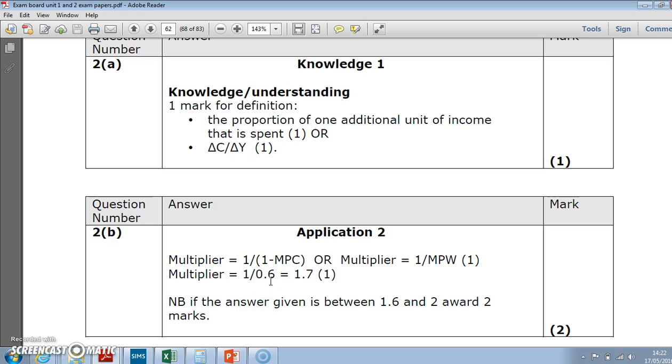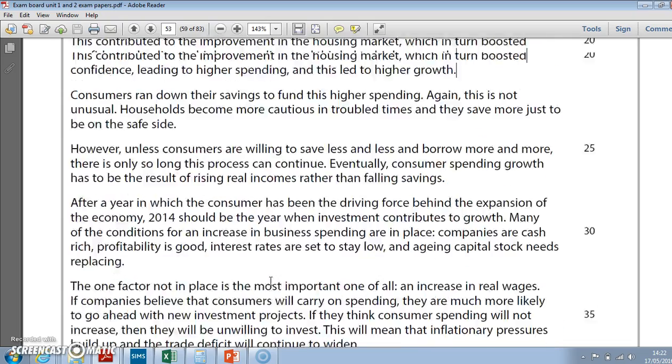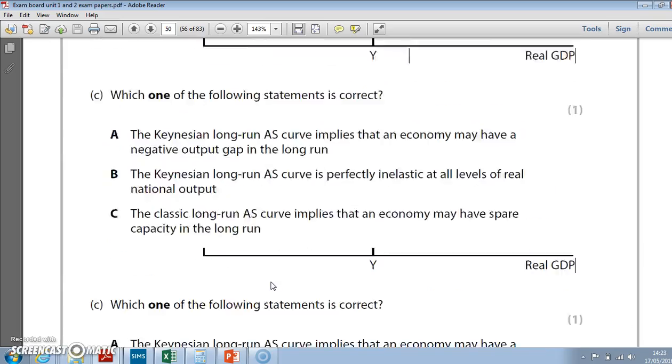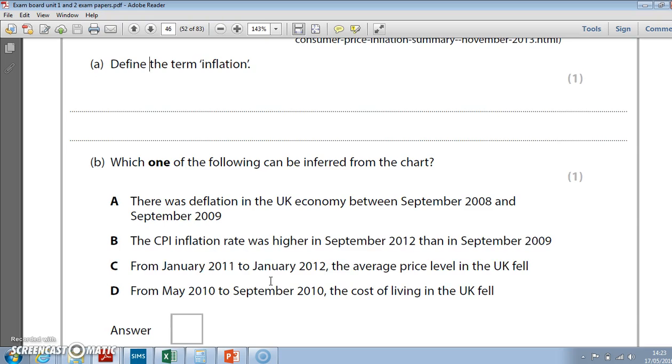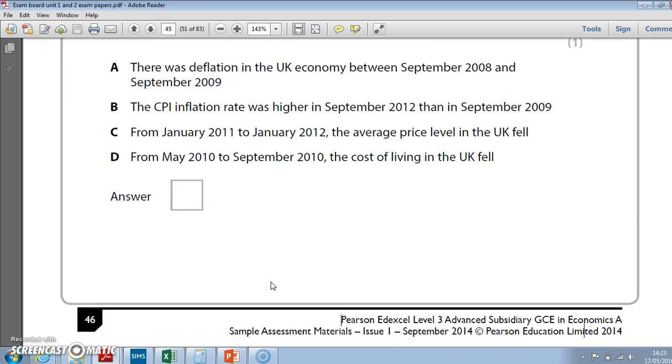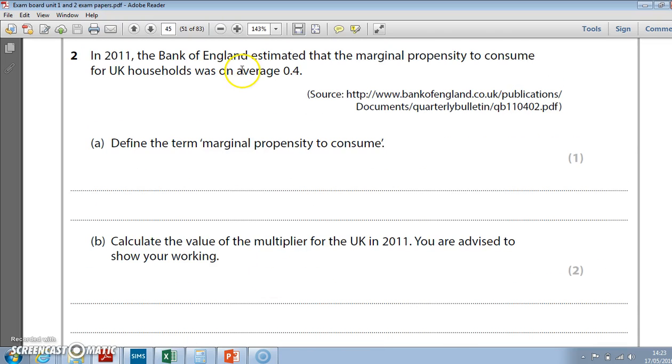They've given you in the text. So 1 over 1 minus MPC. Well, we know that the MPC is 0.4, so the equation is 1 over 1 minus 0.4. So it's 1 over 0.6. That's the multiplier effect.